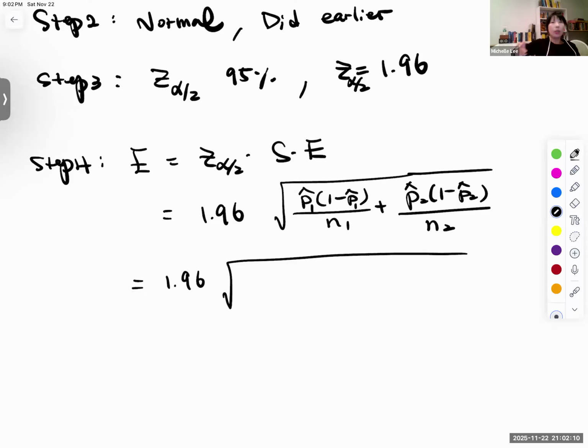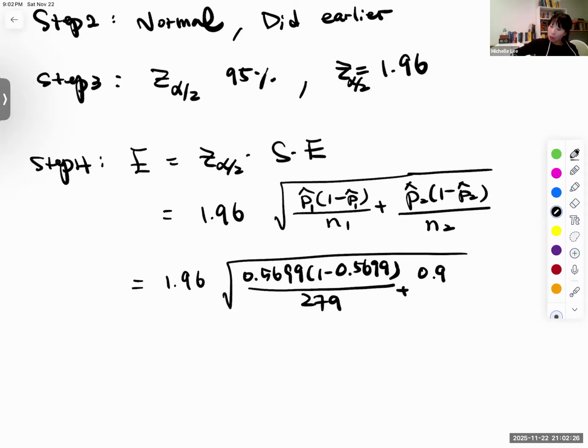Do I have the information? Yeah, the information is there. So perhaps 1.96 times the square root of 0.5699 times 1 minus 0.5699 over n1, which is 279, plus p̂2, 0.9293, times 1 minus 0.9293 over n2, which is 410.